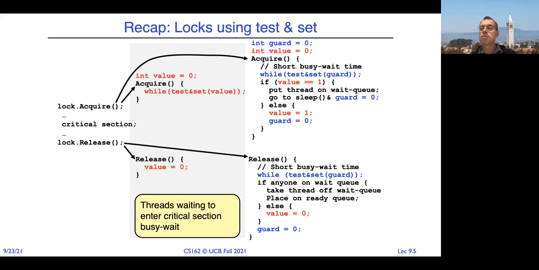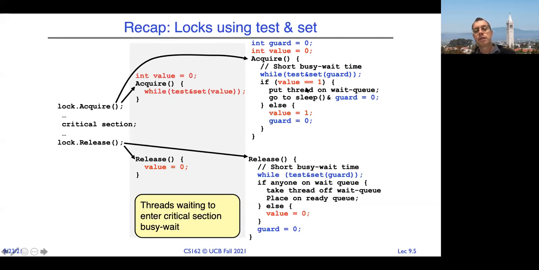Next time someone tries, the internal variable is 1 and will not change, and test and set returns 1, so you are stuck in the while loop. The release is simple: you set the value to 0. But the problem with this one is the while loop, which is busy waiting, and remember we want to avoid that.